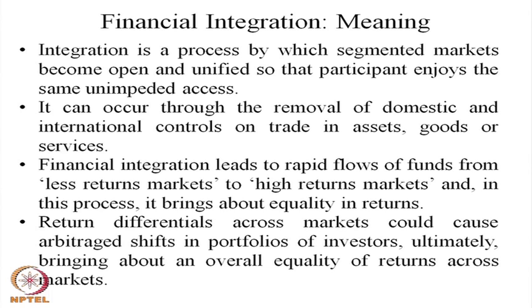Once the flow of funds takes place, the arbitrage opportunity will be zero, and the law of one price will prevail in the integrated financial system. When the law of one price prevails, the financial market is integrated.